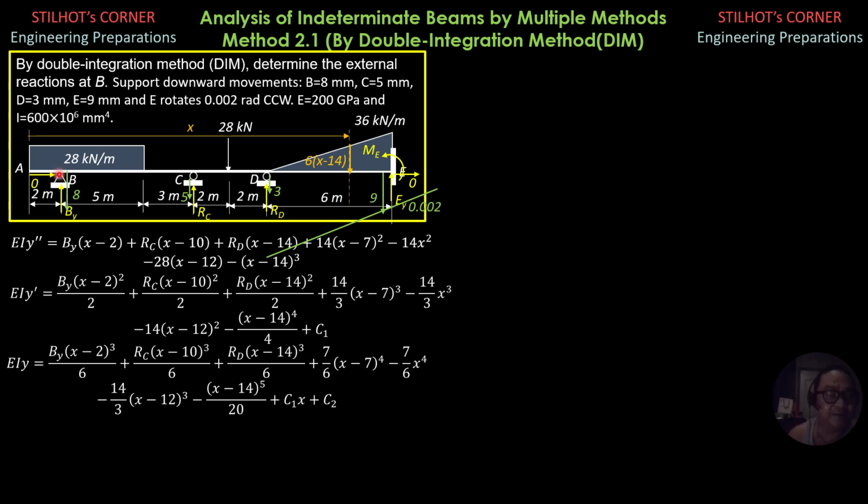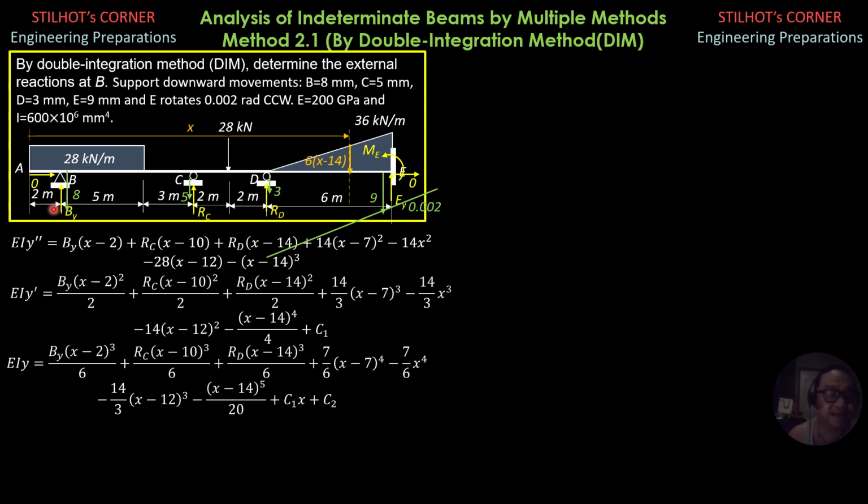So if we imagine B is the origin, although there's settlement here of 8, we use the relative settlements or relative deflection. So imagine this is the origin and the deflection is 0 at B. That means when x is 2, y is 0, then we have relative displacements at C, D, and E, which will be explained later as we apply the boundary conditions.